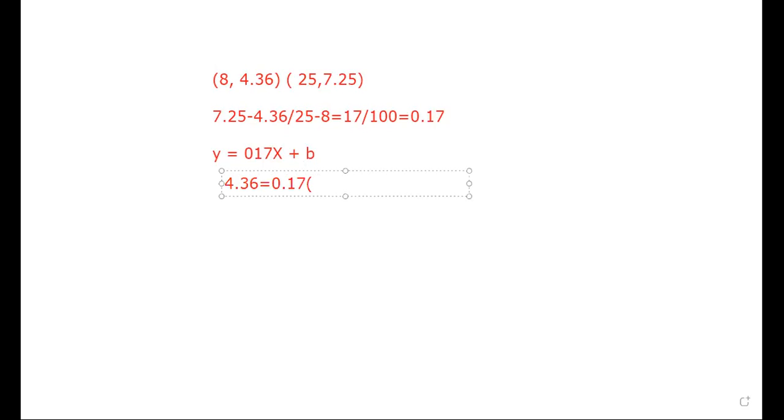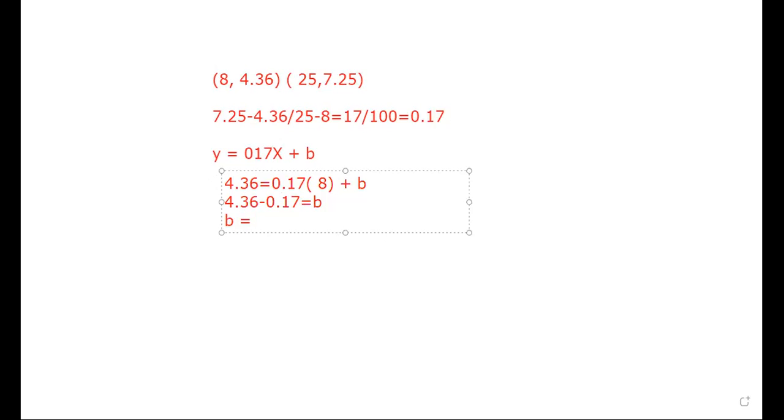What is the value of x? 8, plus b, right? Then the next step will be 4.36 minus 0.17 equals b. So what is the value of b now, grade 9?